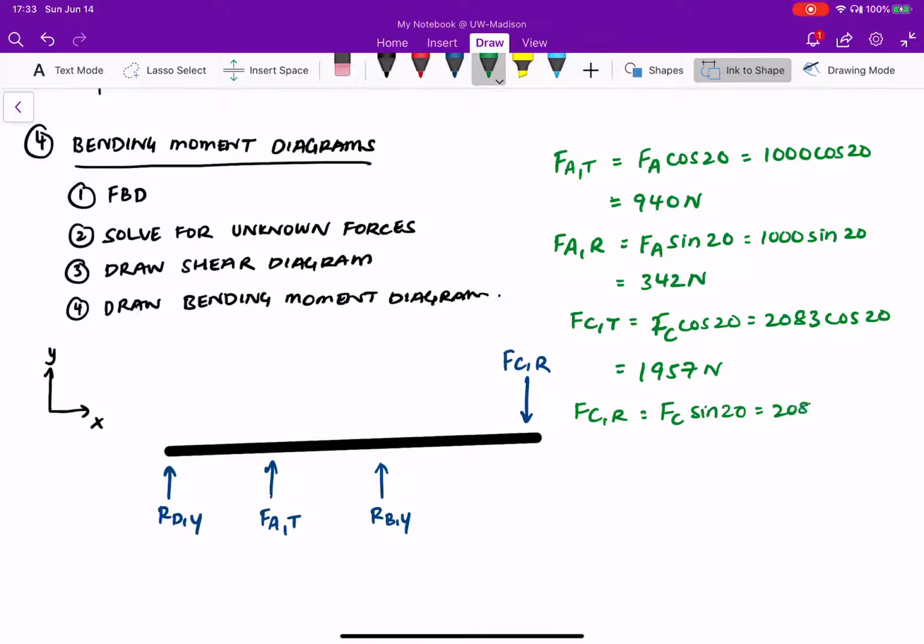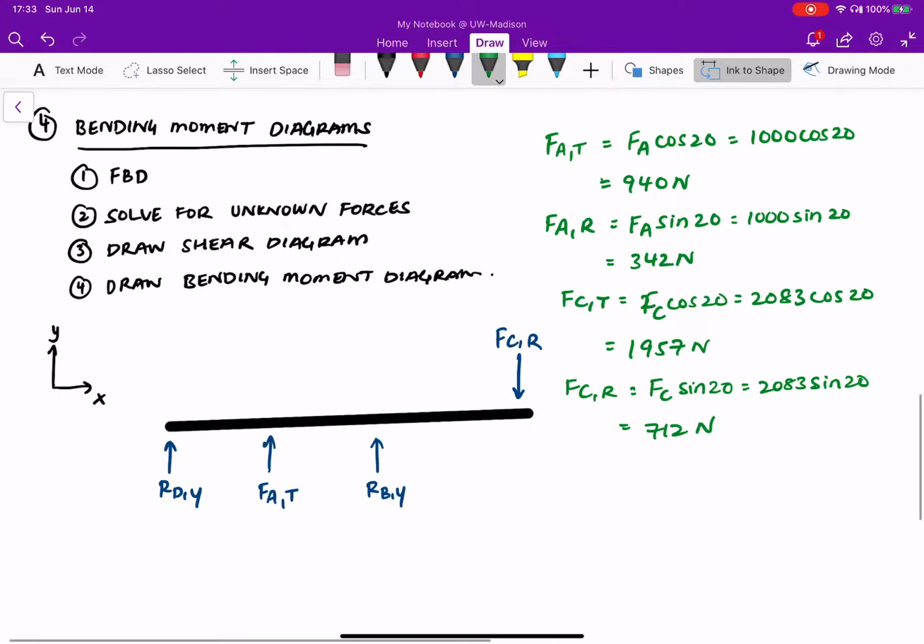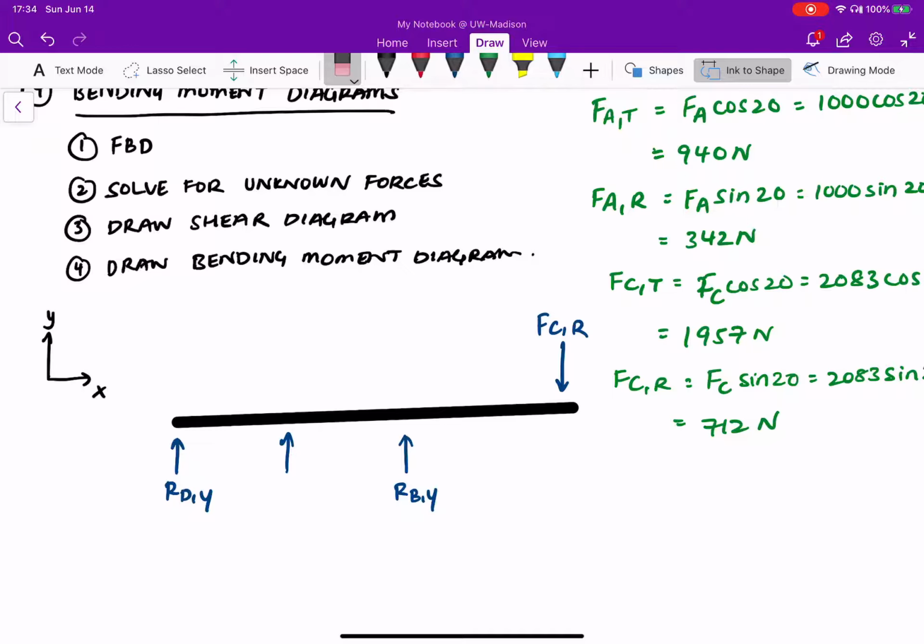That's 2083 sine 20, or 712 newtons. So instead of writing these variables, I'll just write it out as, so FAT is 940 newtons, and FCR is 712 newtons.